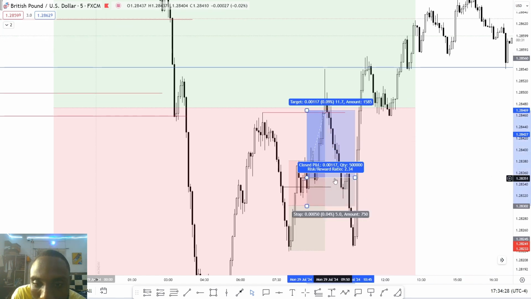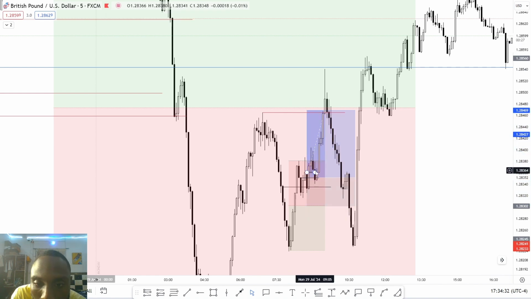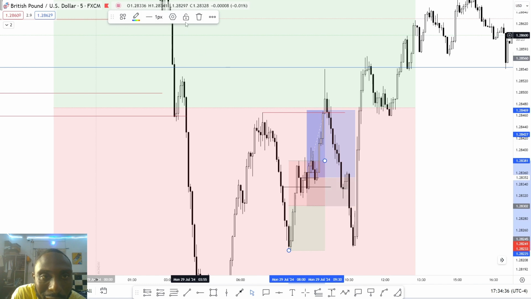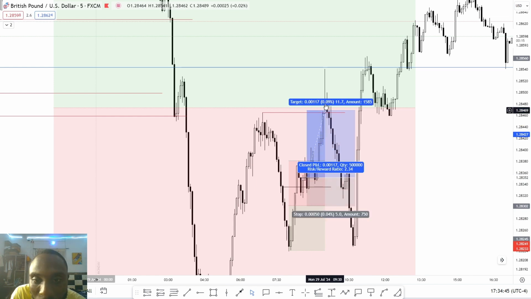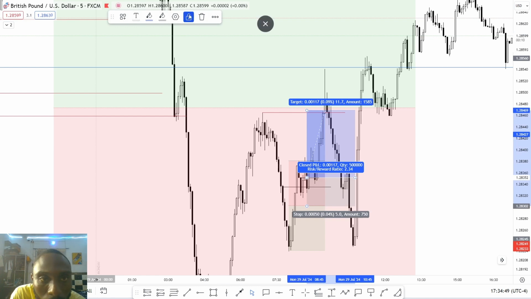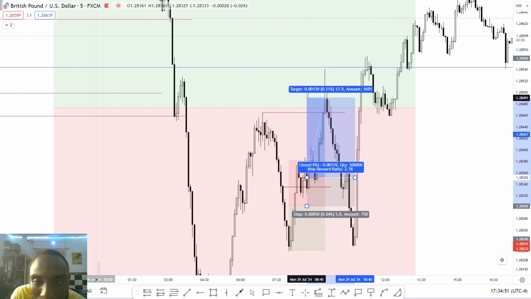So let me lock it. Haven't I locked it? Okay, still going to show. Anyways, price hit this other block, then started going to the upside, and this was my 3RR. Let me unlock this.